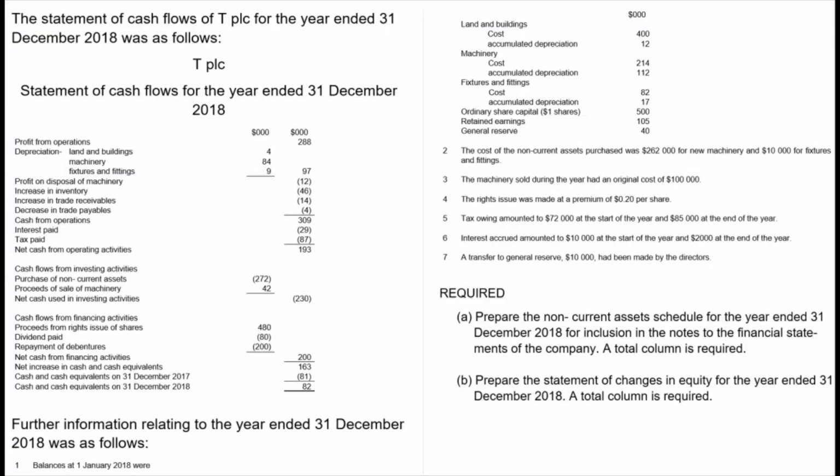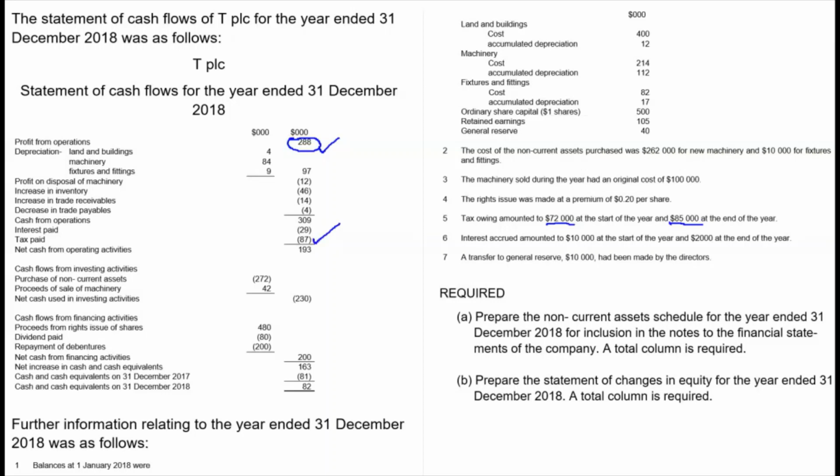So like I said, the profit from operations for the year is $288,000. Then they have told us that the tax owing amounted to $72,000 at the start of the year and $85,000 at the end of the year. They have also told us that the tax paid during the year is $87,000.